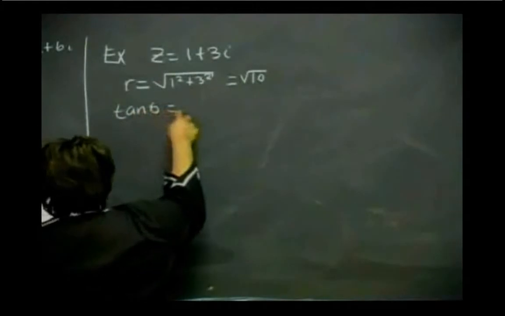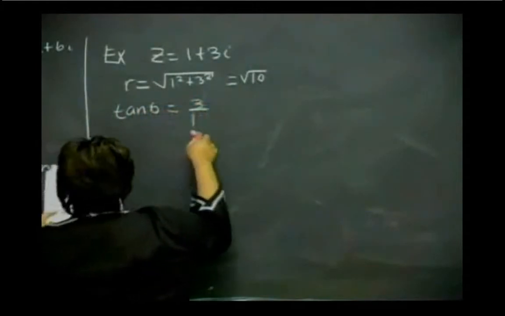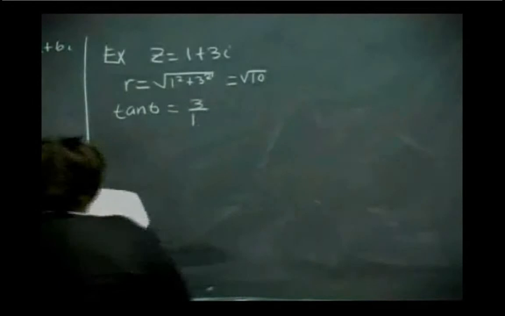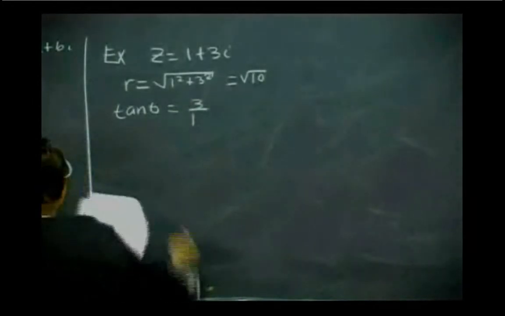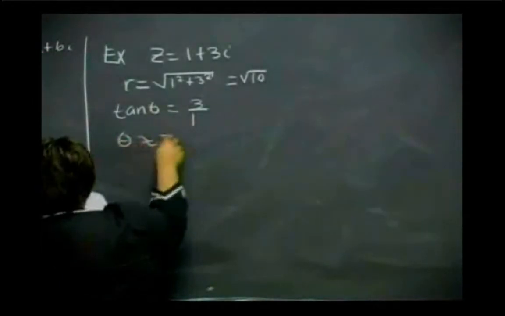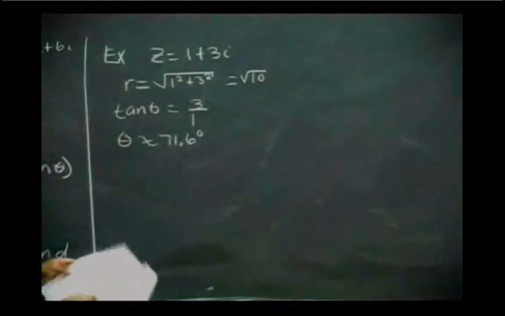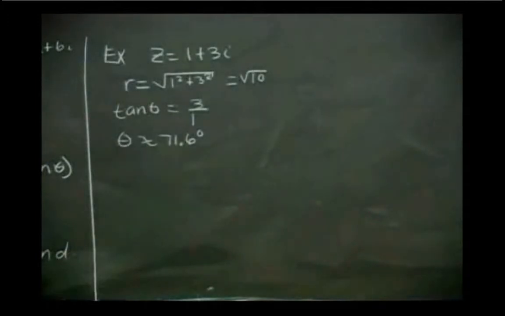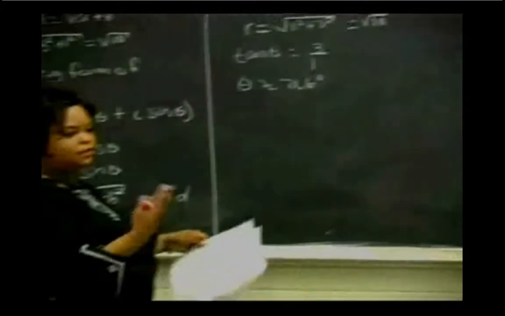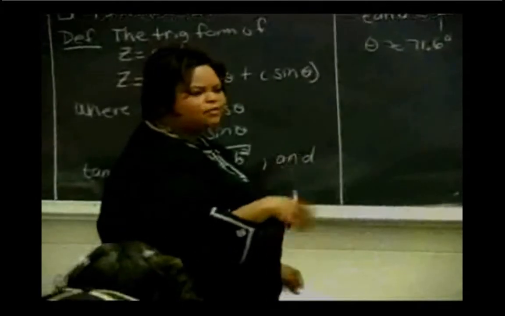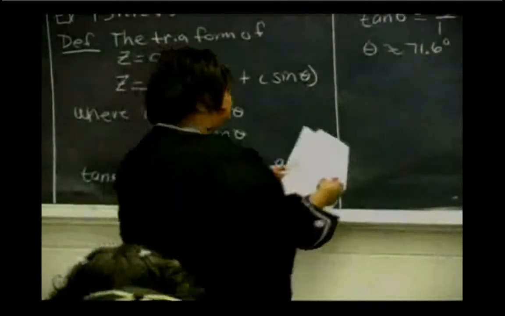Tangent theta is B over A. So if we do inverse tangent, we should get that theta is about 71.6 degrees. Okay? You can use degrees or radians. It just depends on what that tangent theta comes out to be. Had it been square root of 3, or 1 or something, we could have used just pi over 4, you know.